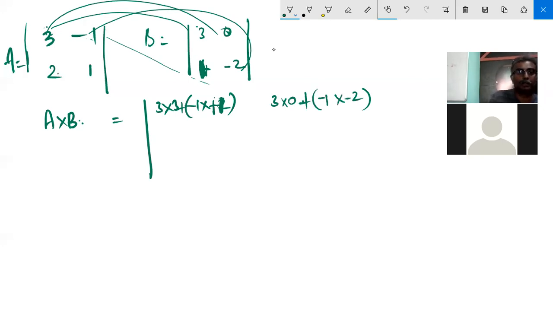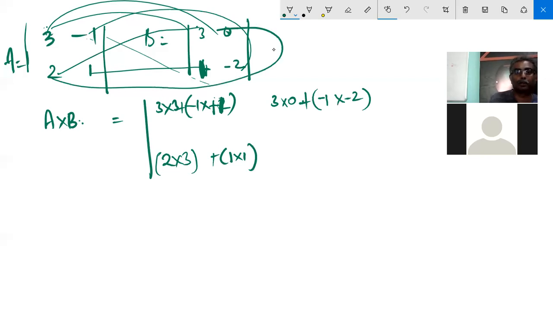Then this one, 2 into 3 plus 1 into 1. Then the last one is 2 into 0 plus 1 into minus 2. You know how to multiply, right?